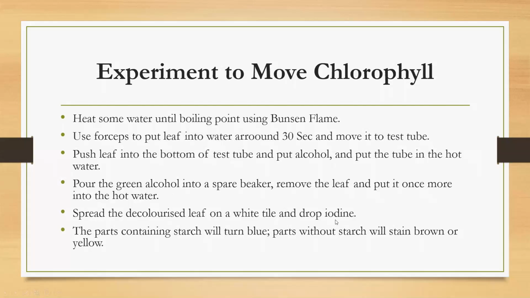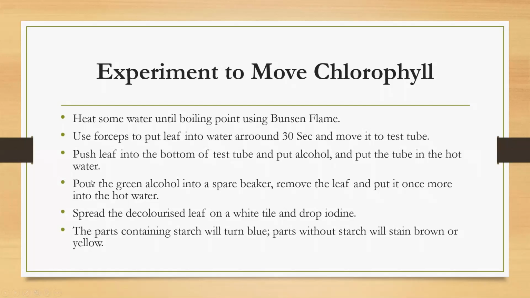I'm sorry, I forget. A beaker is like a test tube but bigger. After we pour the green alcohol into the spare beaker, we remove the leaf and put it once more into the hot water.